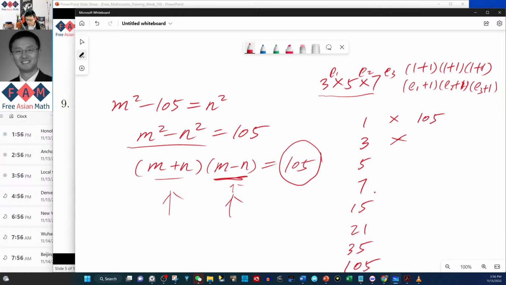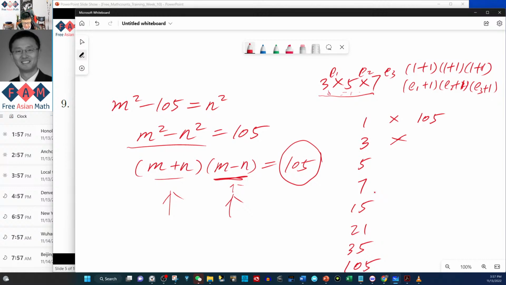We explained this in the counting class, I believe, but just a quick reminder, why are we doing that? Because essentially we just need to see how many different ways we can generate a factor. Any factor of this integer must come from some combination of each individual prime factor.